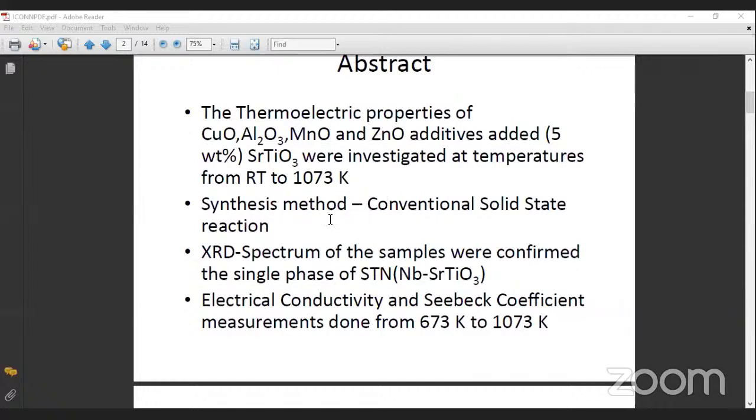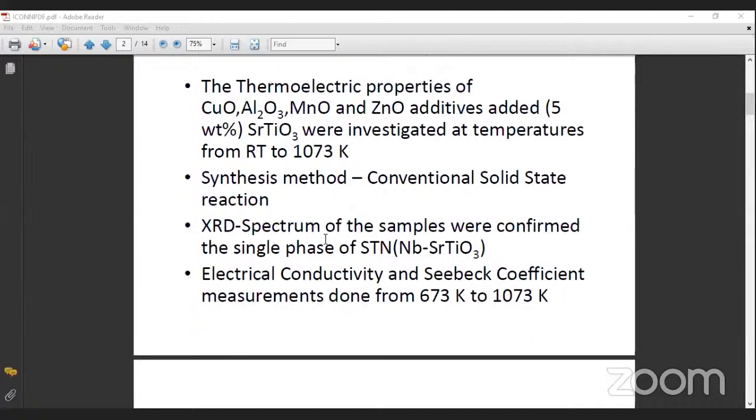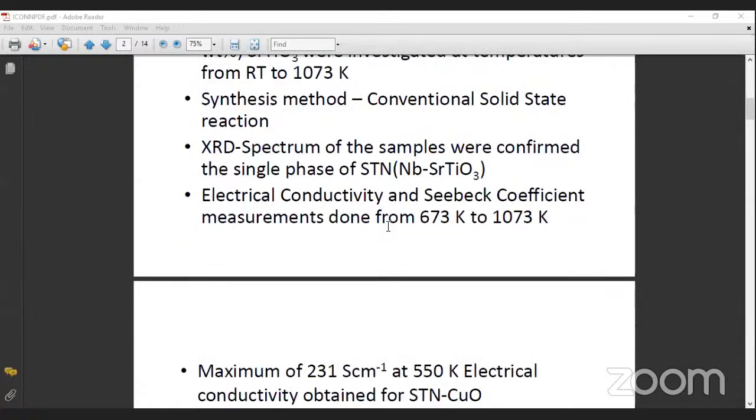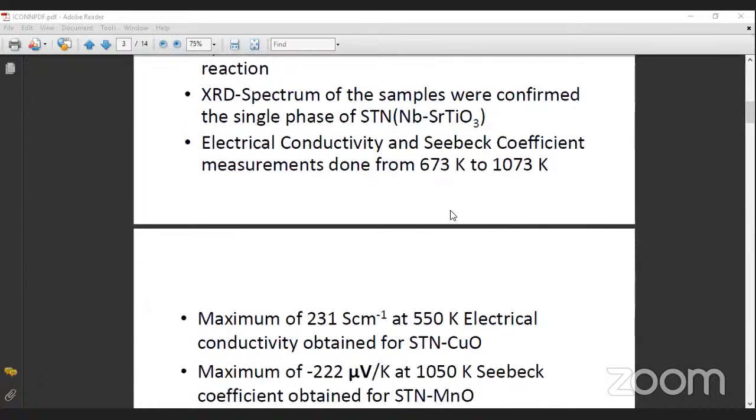The samples are synthesized by the conventional solid-state synthesis method, and the XRD spectra of the samples were taken and the single phase of the samples was confirmed. The electrical conductivity and Seebeck coefficient of the samples were measured simultaneously from 670 Kelvin to 1073 Kelvin.